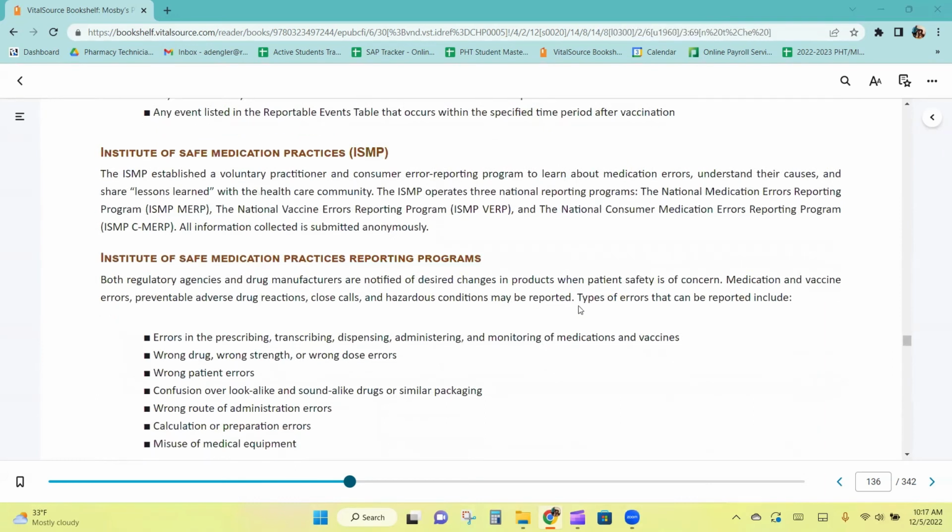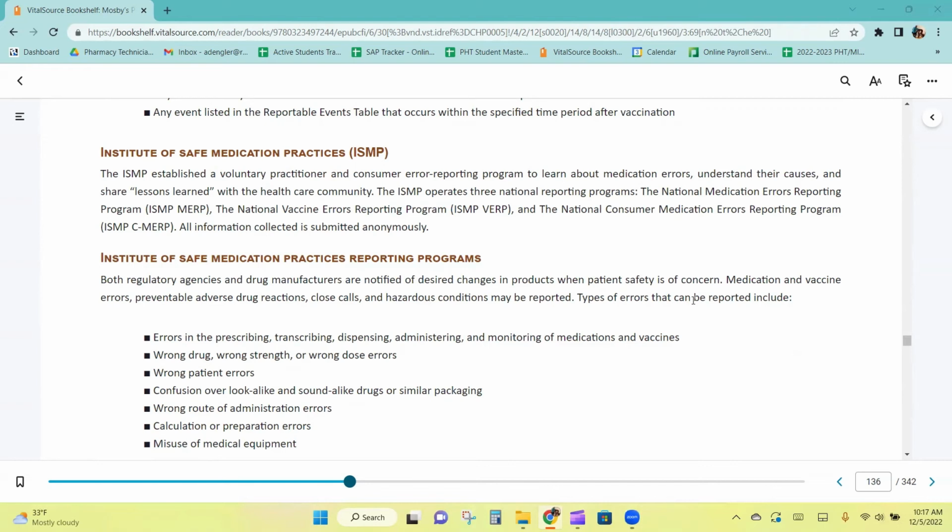The ISMP established a voluntary practitioner and consumer reporting program to learn about medication errors, understand their causes, and share lessons learned with the healthcare community. The ISMP operates 3 national reporting programs: the National Medication Errors Reporting Program, the National Vaccine Errors Reporting Program, and the National Consumer Medication Errors Reporting Program, and all information collected is submitted anonymously.